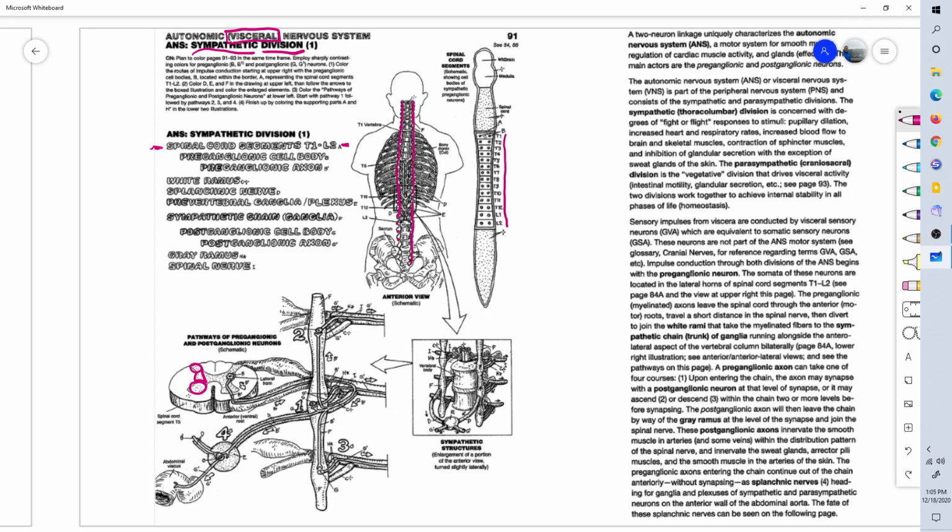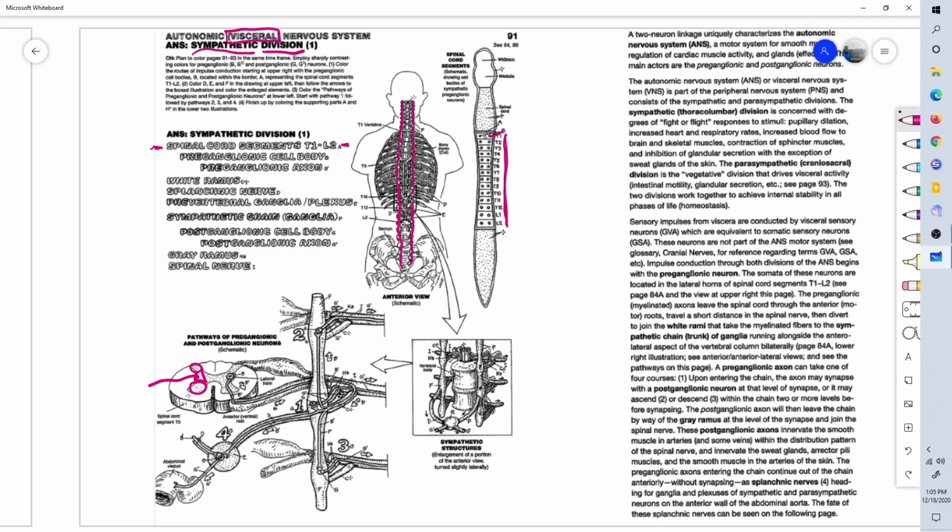So the sympathetic chain runs all the way up and down the spine, whereas the areas of the lateral horn, where the cell bodies come from, are only located from T1 to L2.